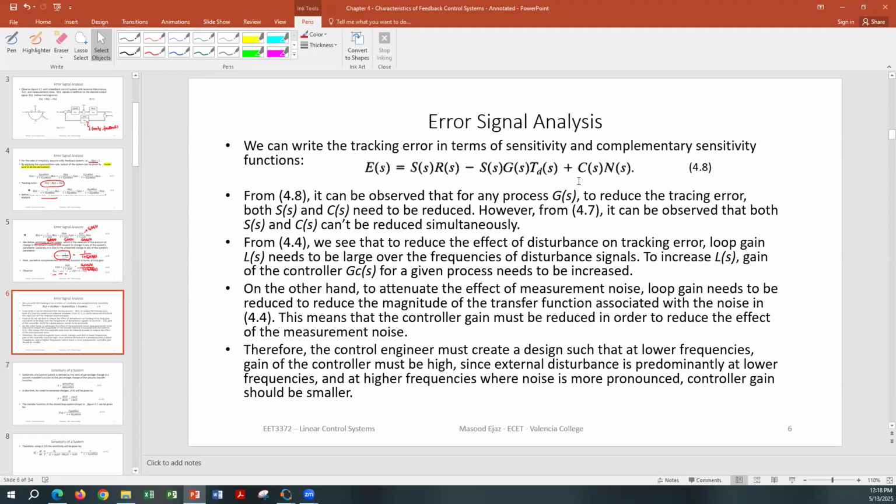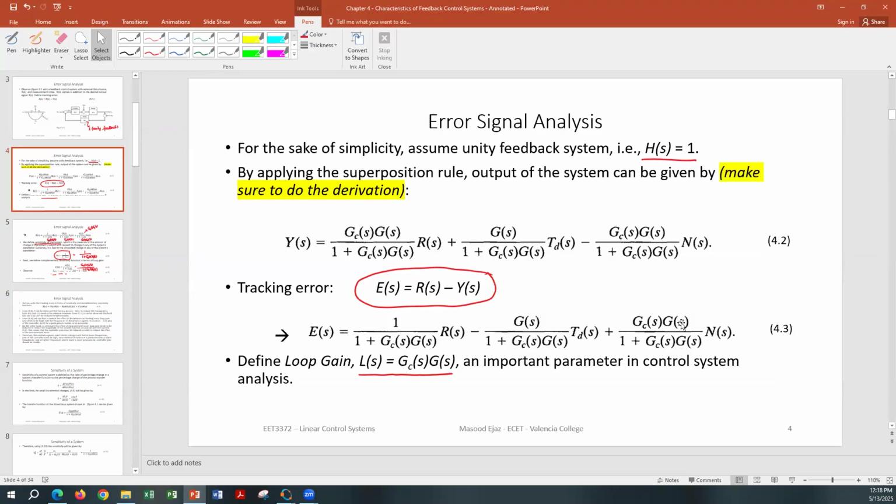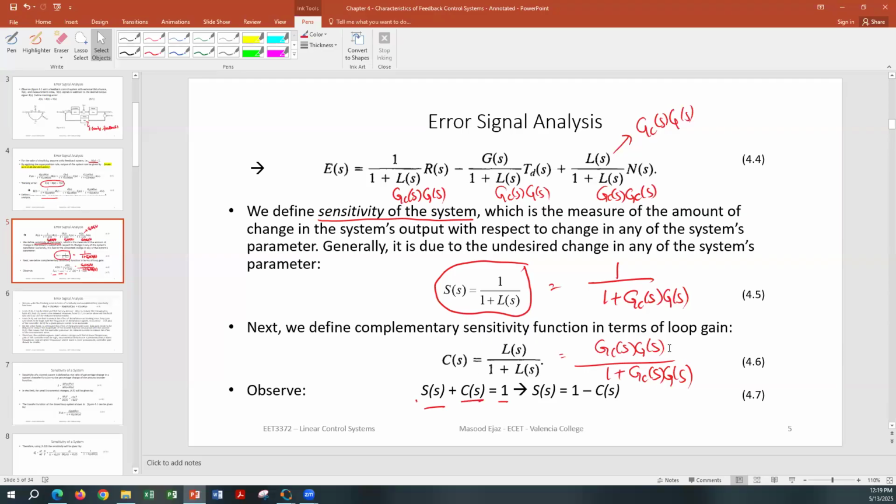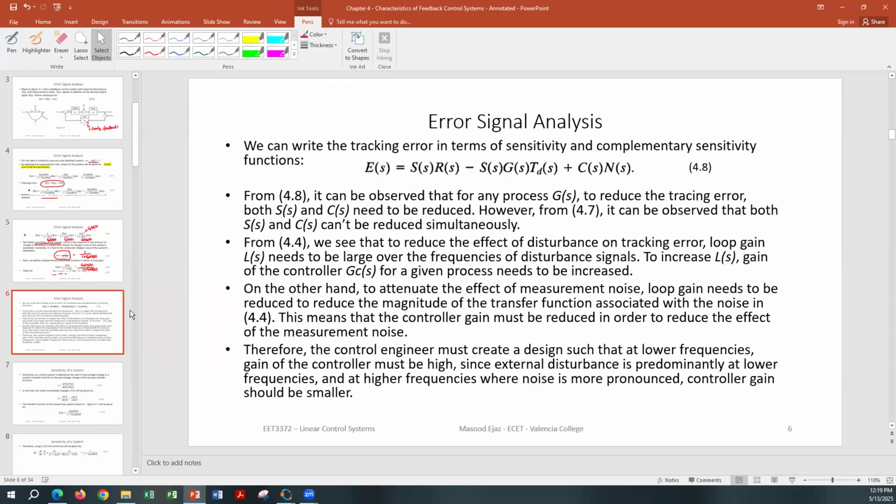And finally, complementary sensitivity of the system times N(s). This is the complementary sensitivity of the system times N(s). Complementary is Gc(s)G(s) over 1 plus Gc(s)G(s). So we write this equation down in terms of sensitivity and complementary sensitivity.